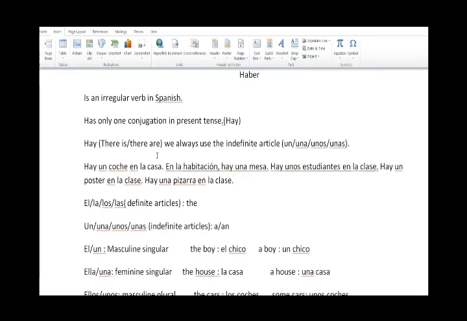If you have any problems finding a word, you can go to WordReference, look for the word, and get the article, whether the noun is masculine or feminine, etc. You can get that from wordreference.com.